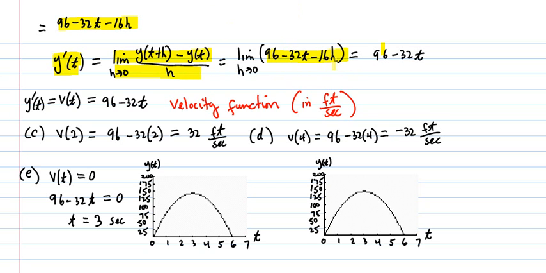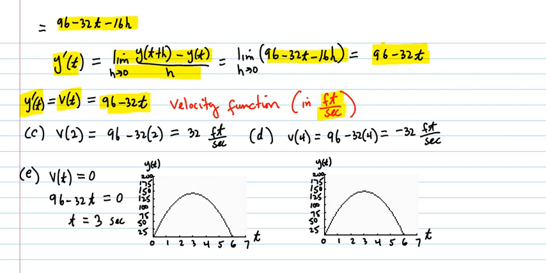It wipes out the 16h, and you just get the derivative function. So y prime of t, the derivative of y with respect to t, which is the instantaneous rate of change of the height with respect to time. Well, that's the velocity of the object. And we found that is equal to 96 minus 32t. And that's in feet per second.